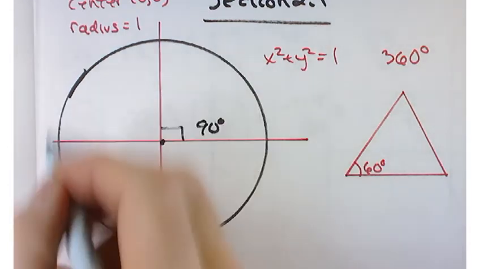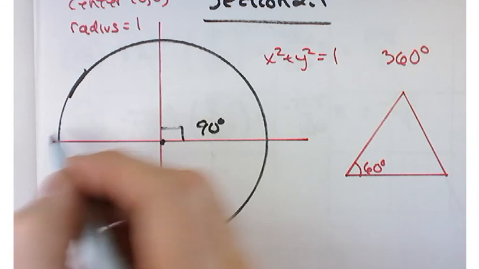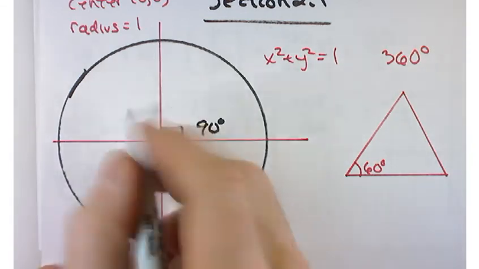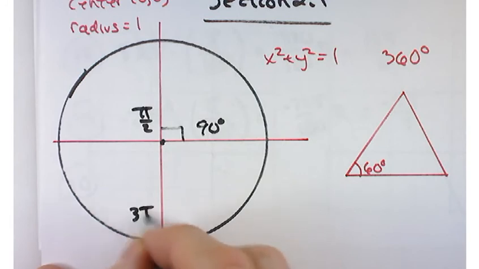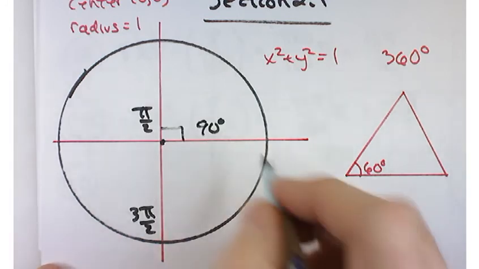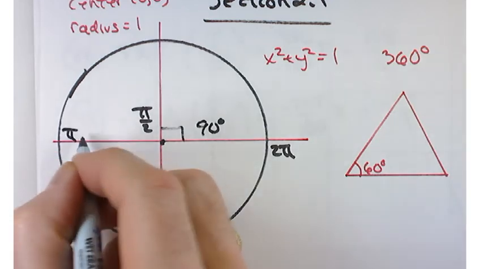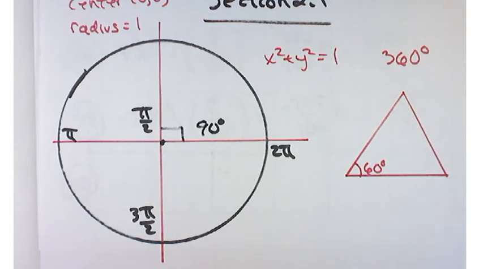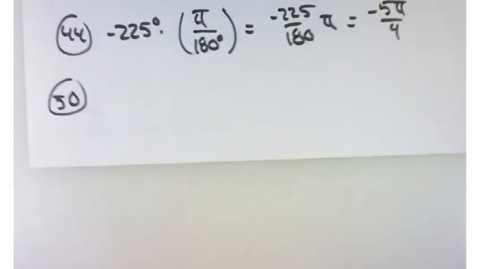Remember, all the way halfway around the circle is an angle of pi. So a quarter of the way around the circle is going to be your pi over 2 angle. And this is going to be 3 pi over 2. And then, of course, 2 pi as well. So, some special angles. You got 180, of course, is pi. That's going to become pretty old hat by the end of the semester. For now, it's a little bit on the new side.